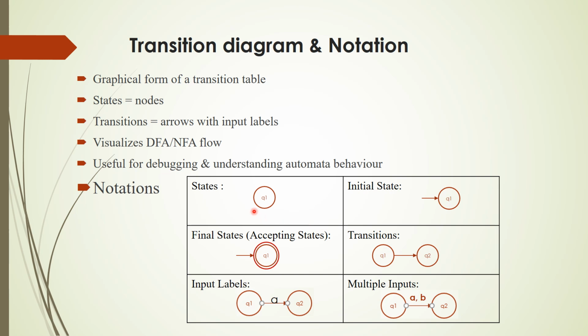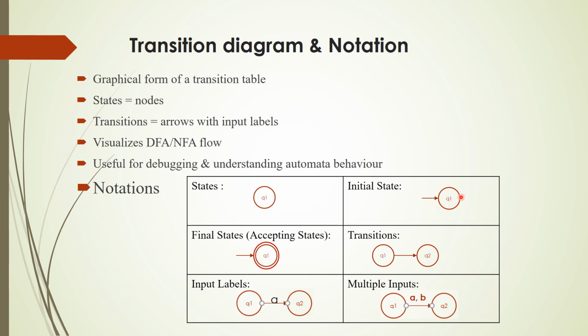State. What is a state? A state is any specific configuration or condition of the system, and it is represented by a circle. Here we show state Q1 in the diagram. Move forward with the initial state. It is the starting point of any system operation, indicated by an arrow pointing to the state without a source.